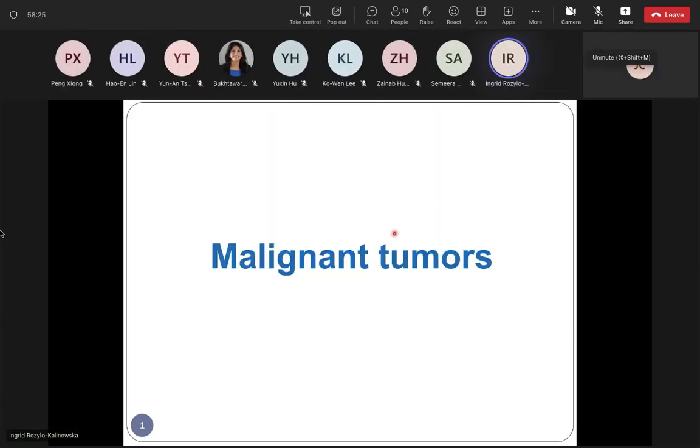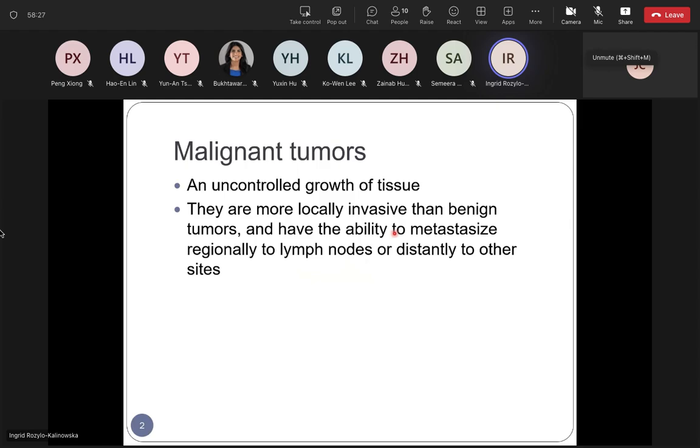So malignant tumors have different properties than the benign tumors because they also produce uncontrolled growth of tissues, but they are locally invasive, and they have the ability to metastasize to regional lymph nodes or to other distant sites.